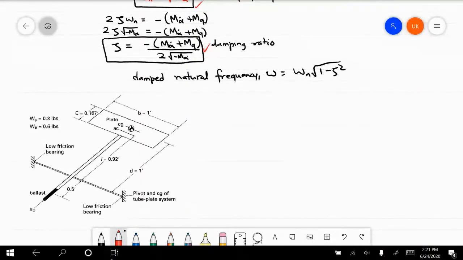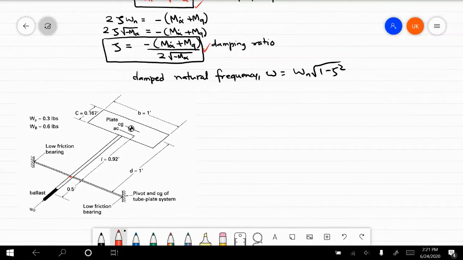The ballast just means a balancing weight. You can imagine it as a set of discs which can be slid along this rod to shift the center of gravity location. The ballast is placed at the end of the rod in such a way that the center of gravity is where the rod intersects with this horizontal bar.